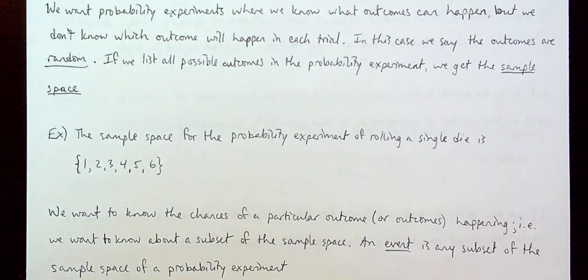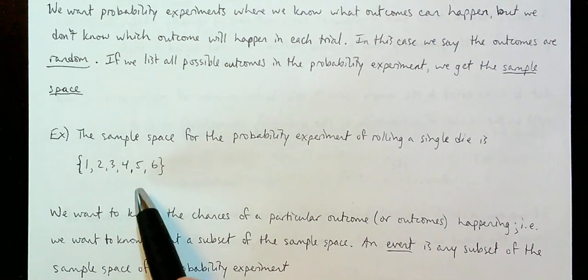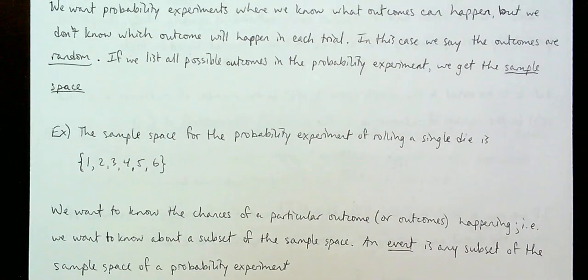We take those outcomes and we write them in a set, each separated by commas. So we're using roster notation here, and this is the sample space. The sample space for the probability experiment of rolling a fair single six-sided die is 1, 2, 3, 4, 5, or 6.